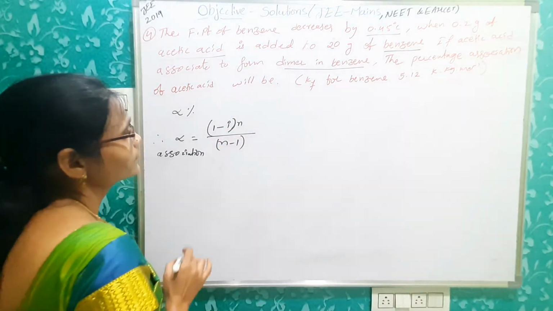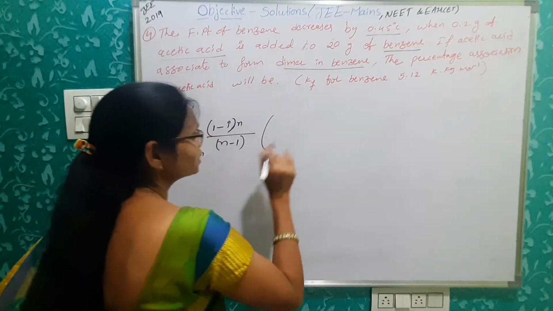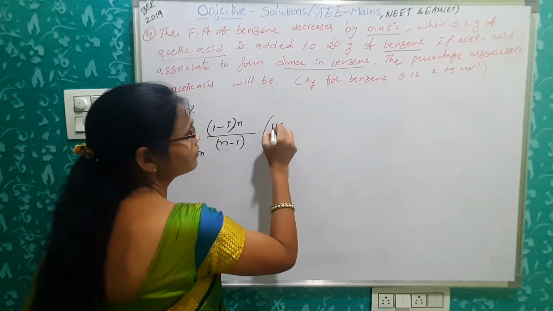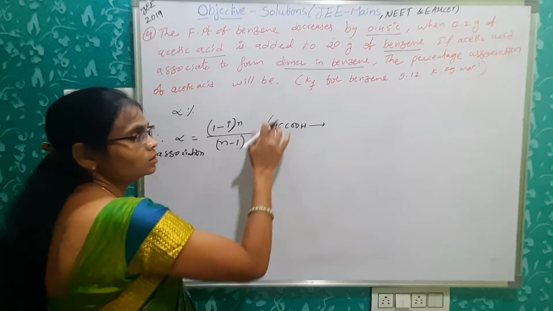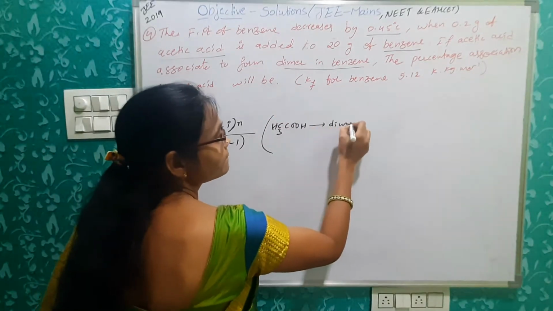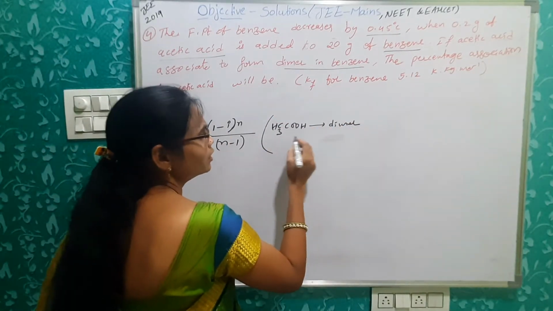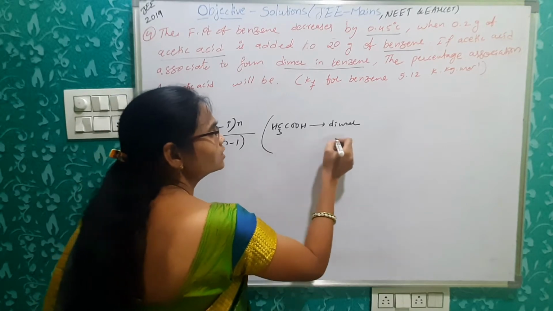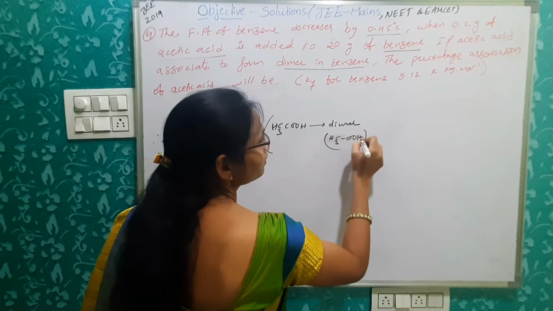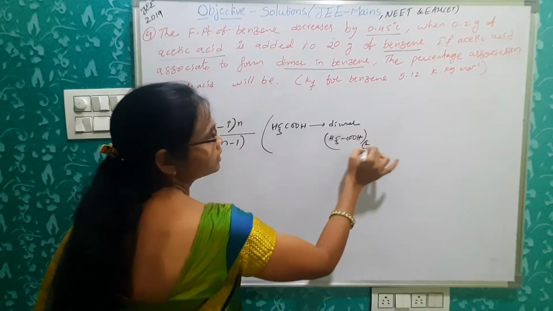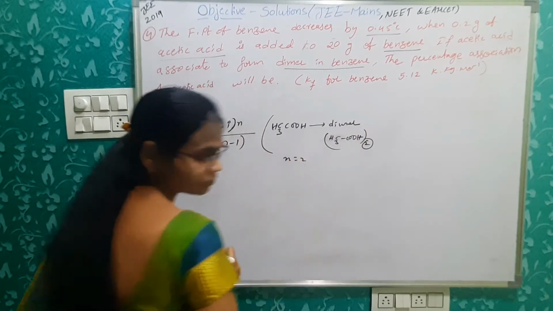Now, which will associate? Acetic acid. What is the formula of acetic acid? CH3COOH. It associates to give a dimer, meaning in benzene, due to hydrogen bonds, it will get dimerized. OH taken twice. Okay, means n is equal to 2.